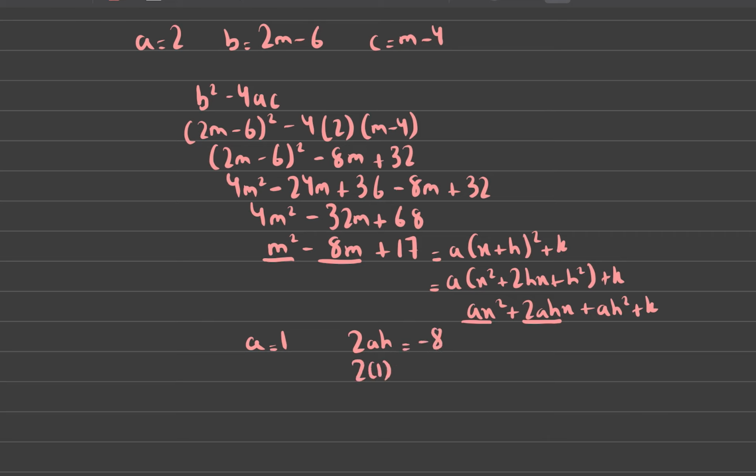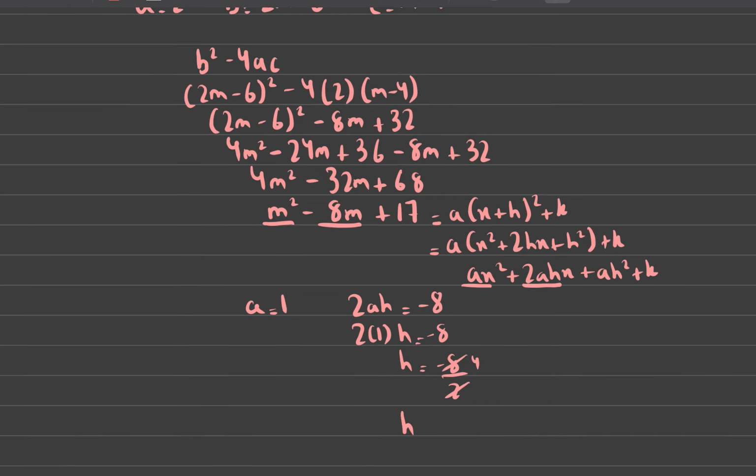Let's plug in a as 1. h will be minus 8 upon 2. That makes what? Negative 4. Got this? Once I get this, then ah squared plus k is equal to 17. What's a? 1. What's h? Minus 4 squared plus k is equal to 17.